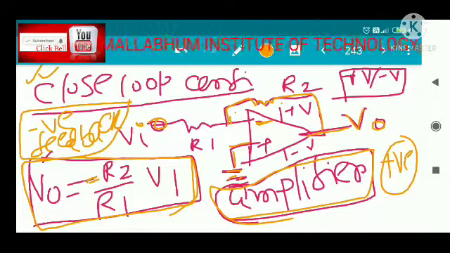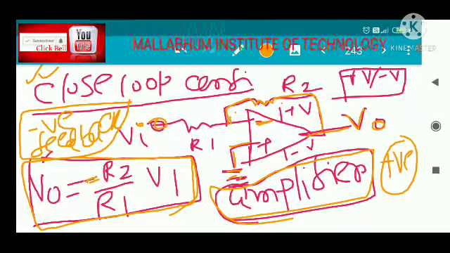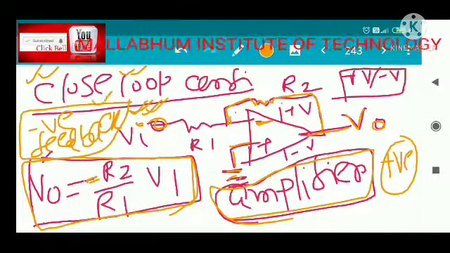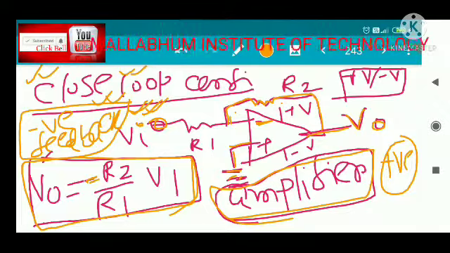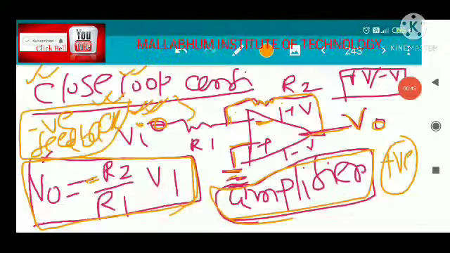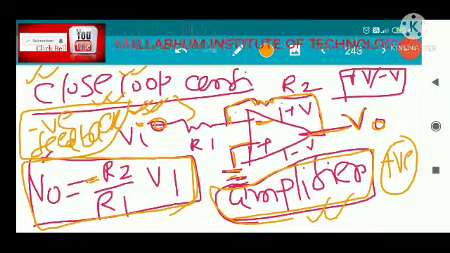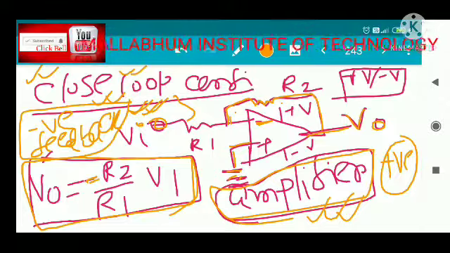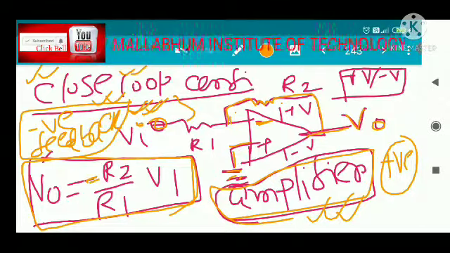One more thing: negative feedback is given to this circuit, in a closed loop configuration. If there is negative feedback, the circuit is in a closed loop configuration. If these two conditions are satisfied, then the operational amplifier can be used as a very good amplifier.